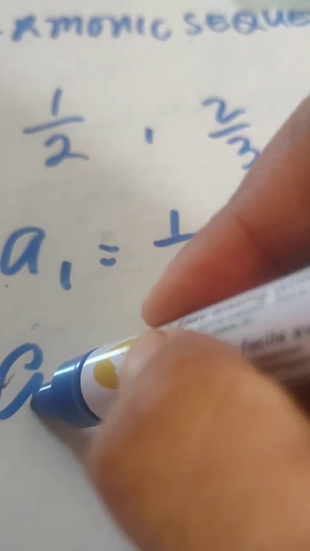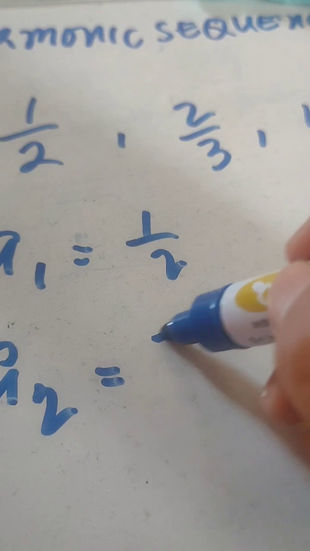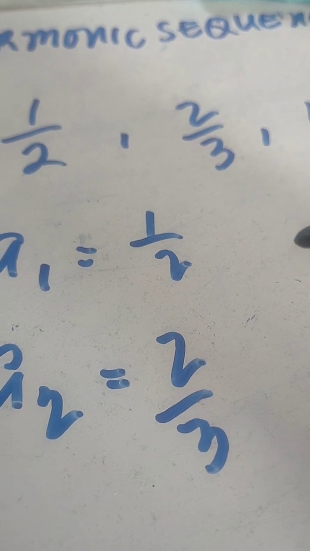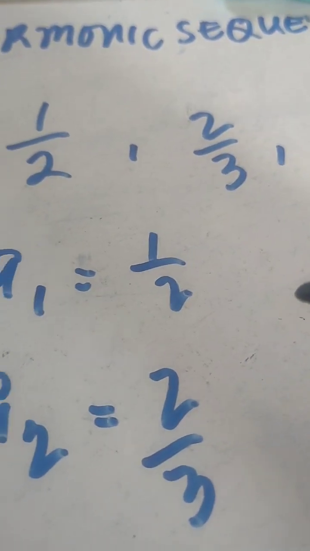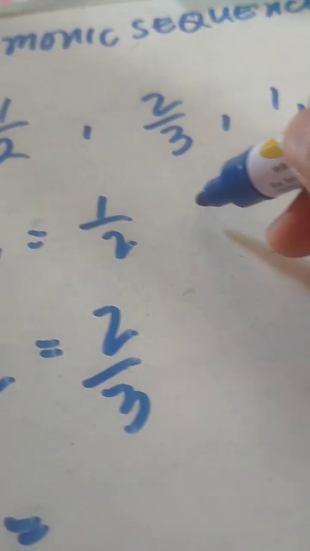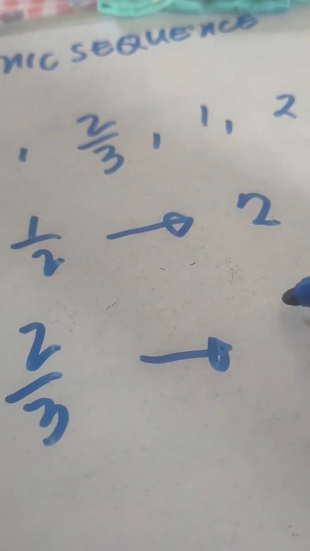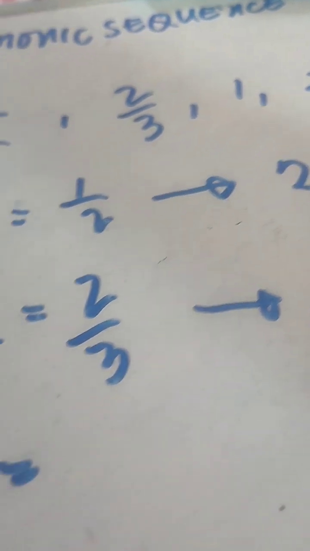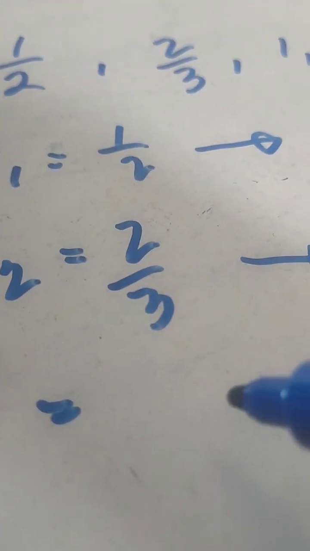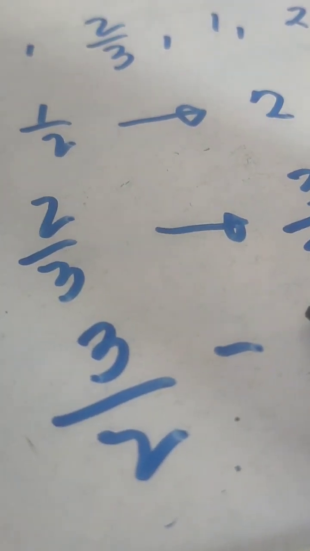Our a sub 2 is equal to 2/3. So we are asked to find the 70th term of the sequence. We need to solve for the difference, our d, but we need to consider the reciprocal of 1/2, which is 2, and the reciprocal of 2/3, which is 3/2. So to get the difference, we have 3/2 minus 2.